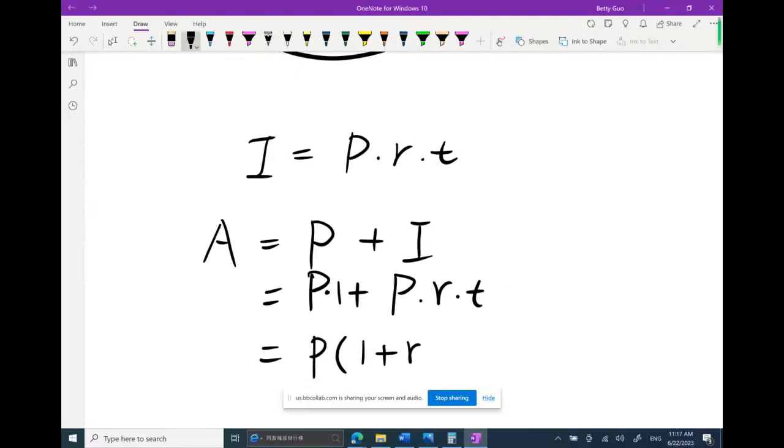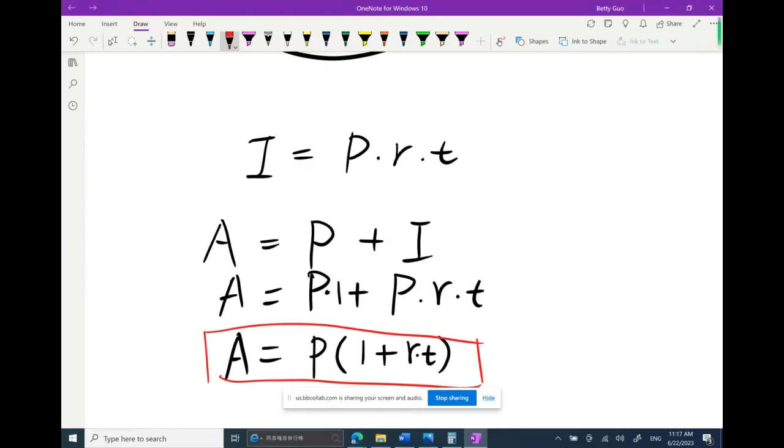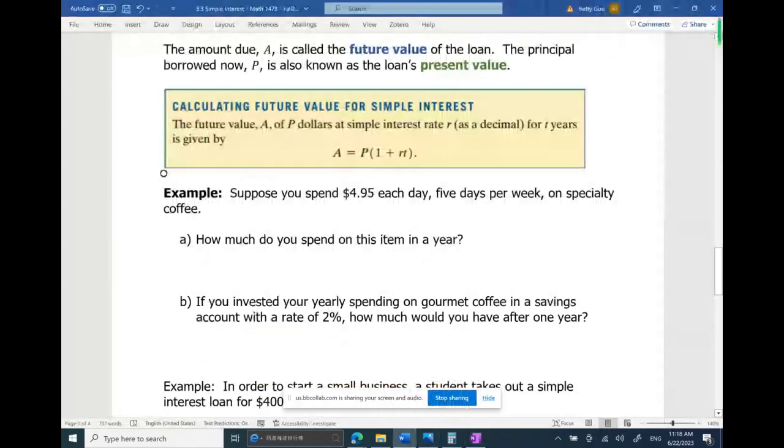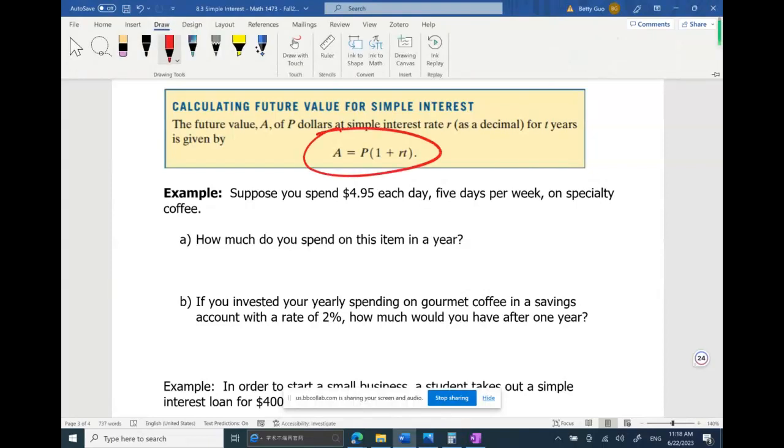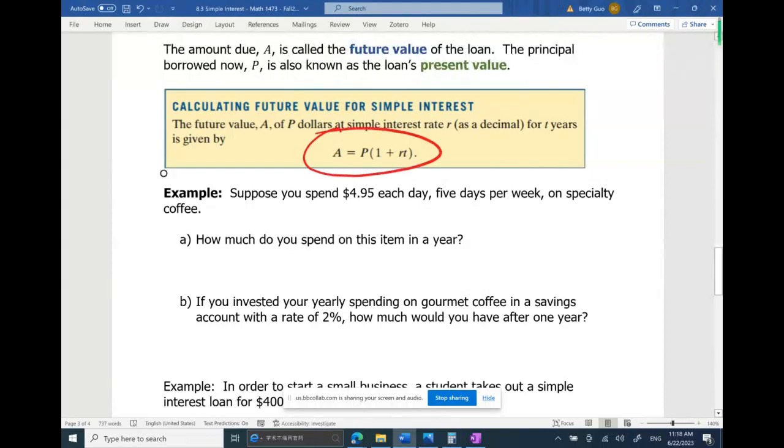From the second term, we have left over R times T. And this formula, A equals P times parentheses 1 plus RT, is the formula for calculating the future value of the loan in the simple interest case. Let's go back to the notes. Same with the formula in the box.